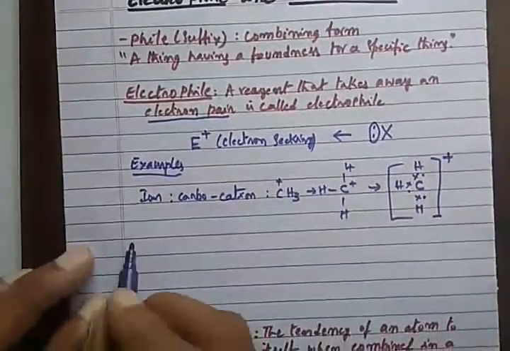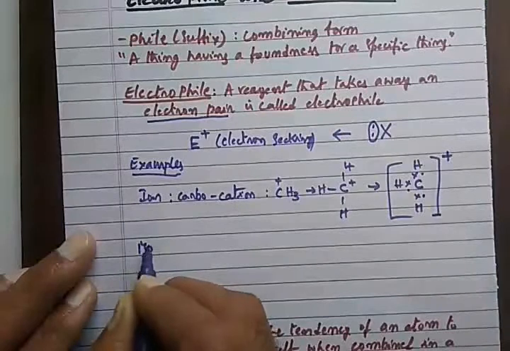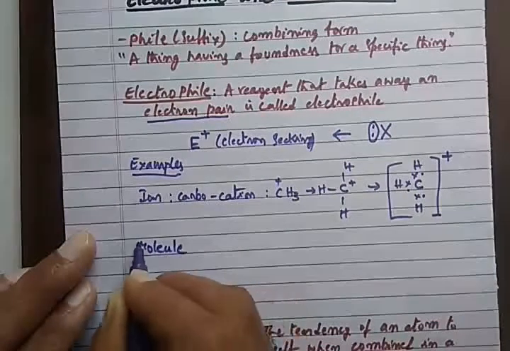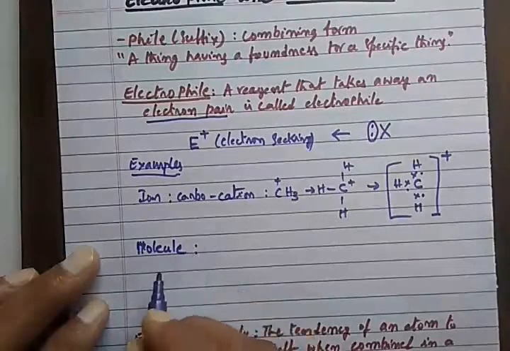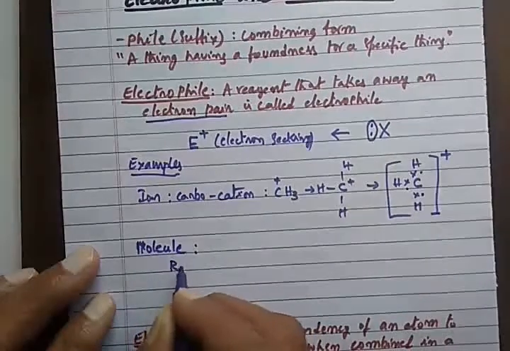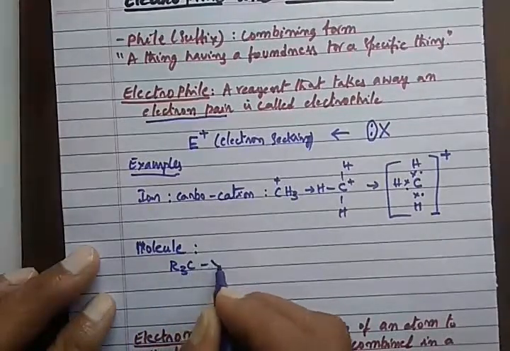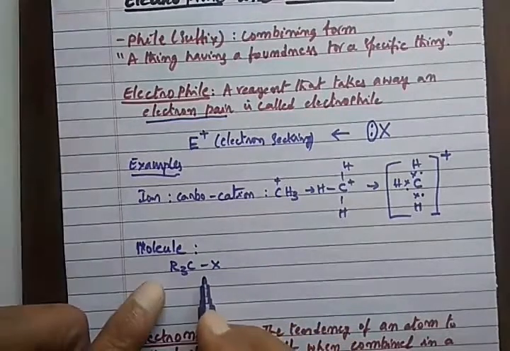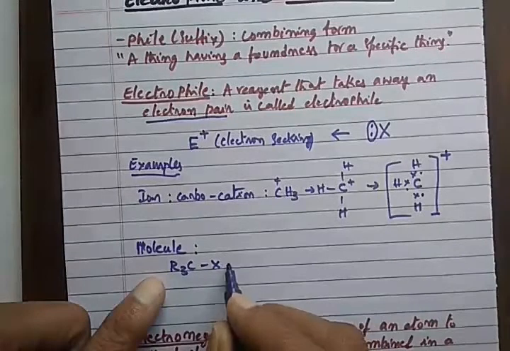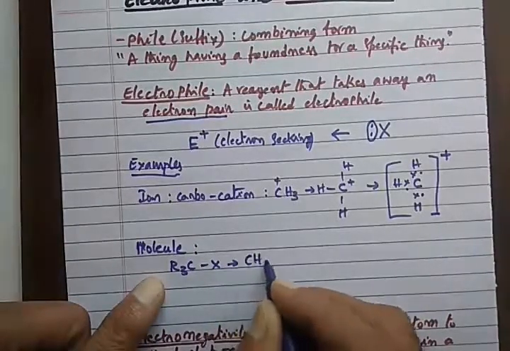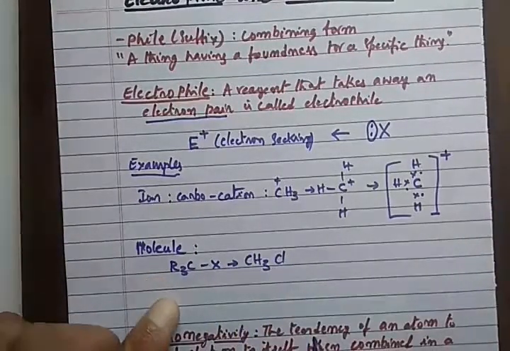Another example is a molecule. We will take this group, R3C-X. We will take the example of CH3Cl.